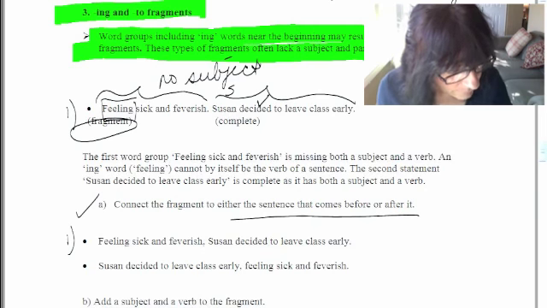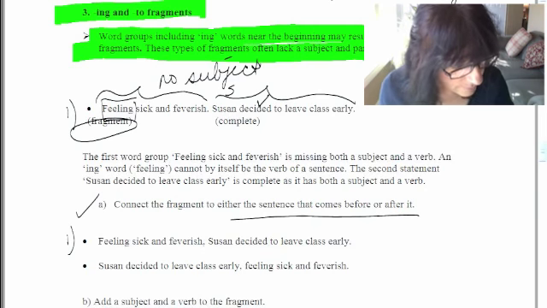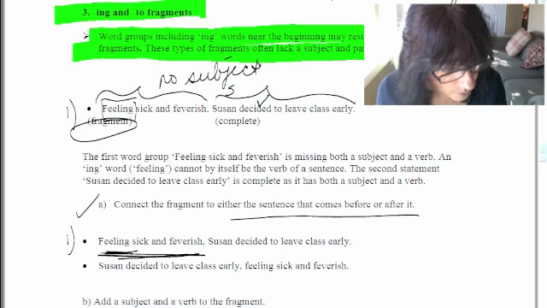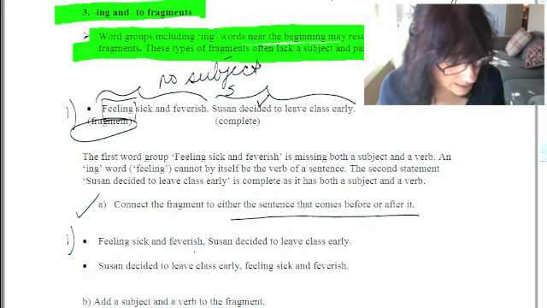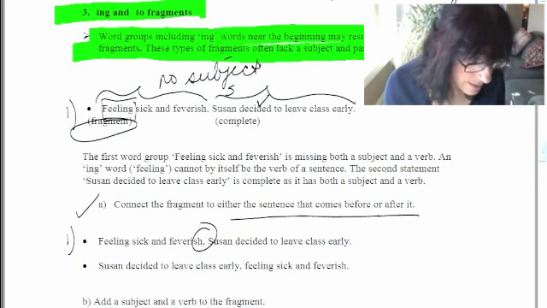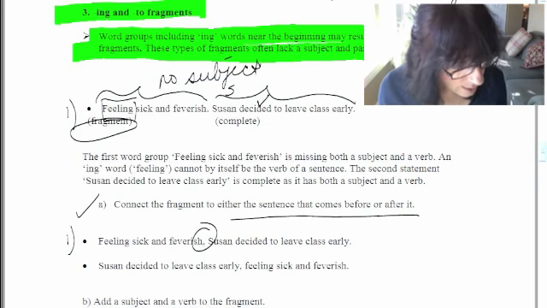Feeling sick and feverish, Susan decided to leave class early. So in this case, you've put the dependent word clause at the beginning. Feeling sick and feverish, comma, Susan decided to leave class early. Or you could join the dependent clause, the fragment, and put it at the end of the sentence. So you could say, Susan decided to leave class early, feeling sick and feverish.